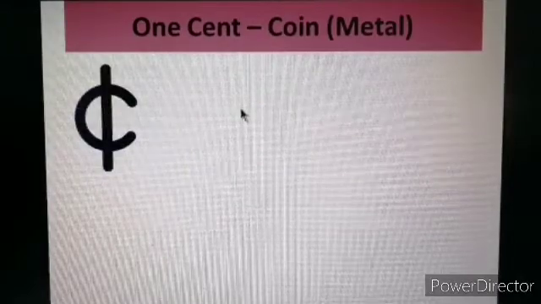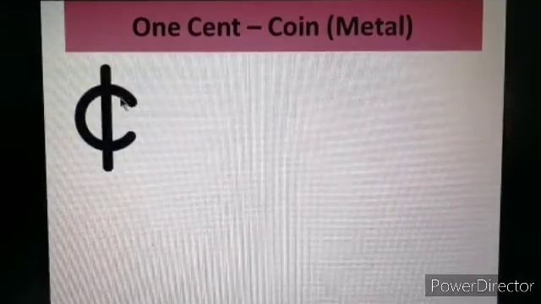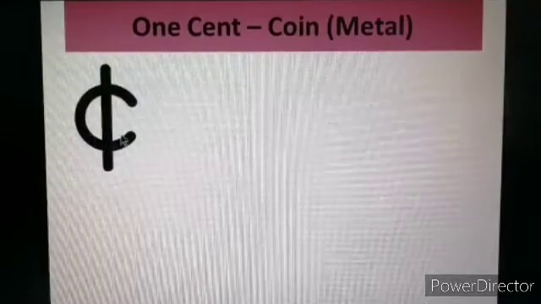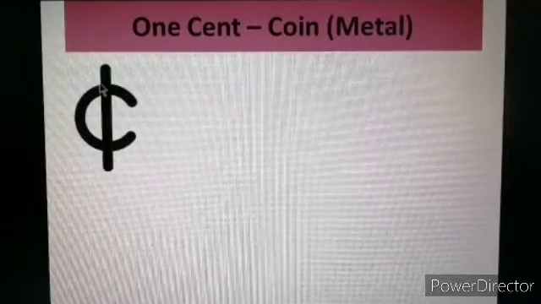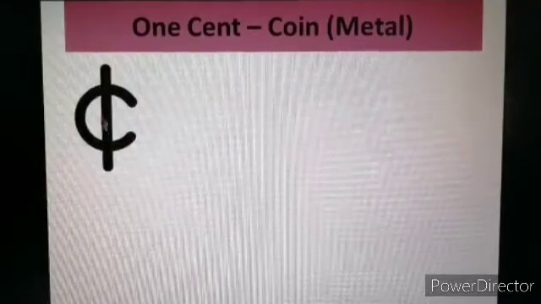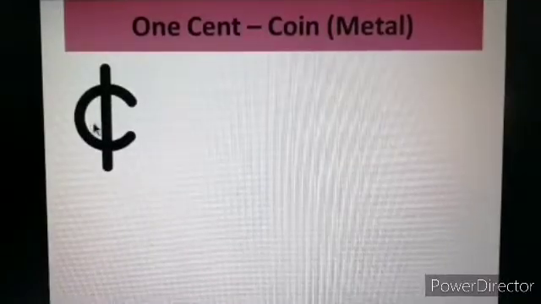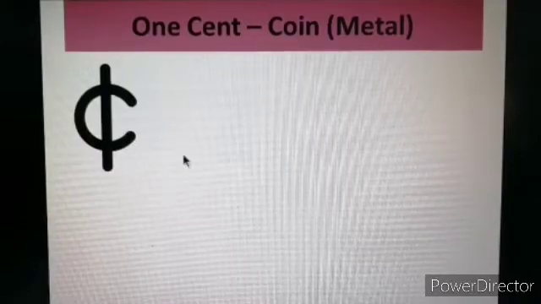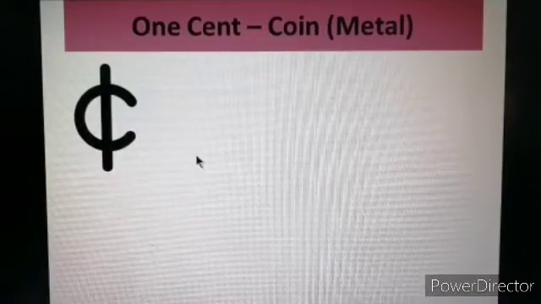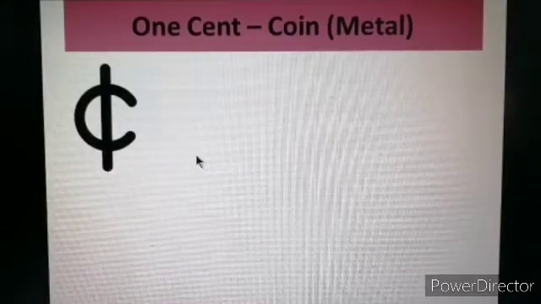See, the symbol of cent is a C. Write a C and put one line above it. That is the cent symbol. Now let's see how a 1 cent coin looks.